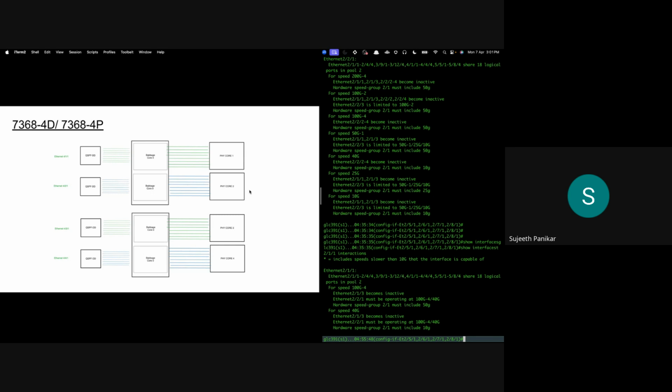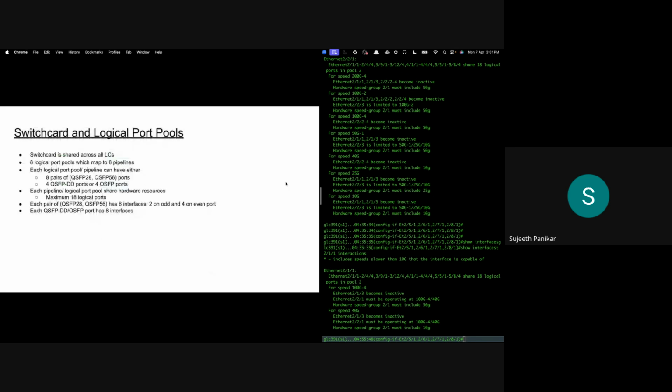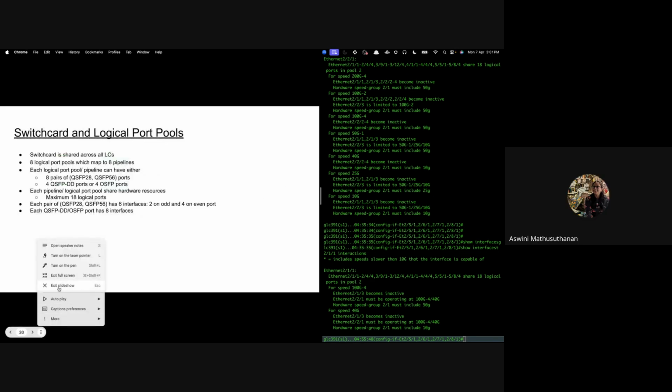Yeah. Okay. So the points to remember across these two slides are that the switch card is shared across all the LCs because the ASIC is there, with 8 logical port pools as per the picture. We had 8 pipelines, 8 pools and 8 pipelines.